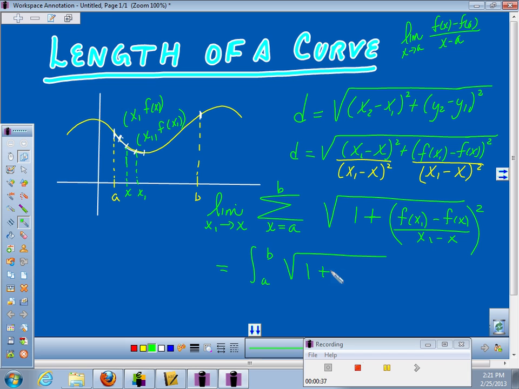I've got the limit now of f of x1, that's the derivative. So in reality, all you have to do is the derivative squared. So that is actually the formula you need to find the length of a curve.